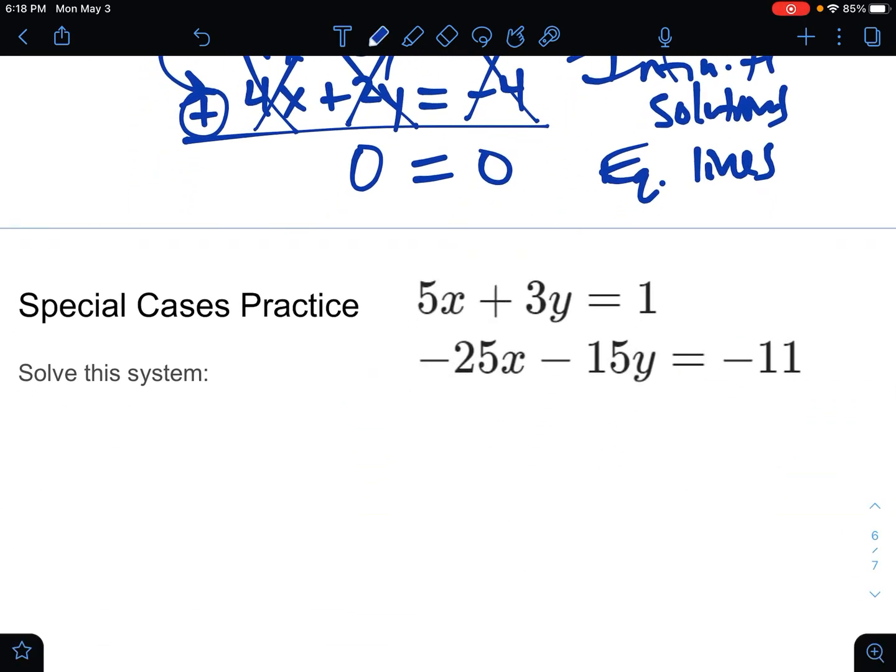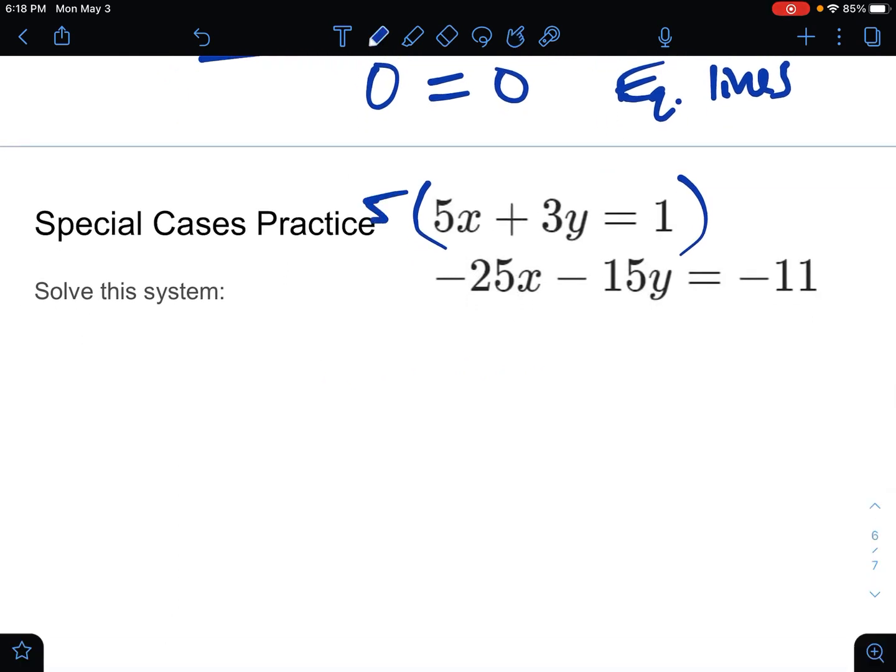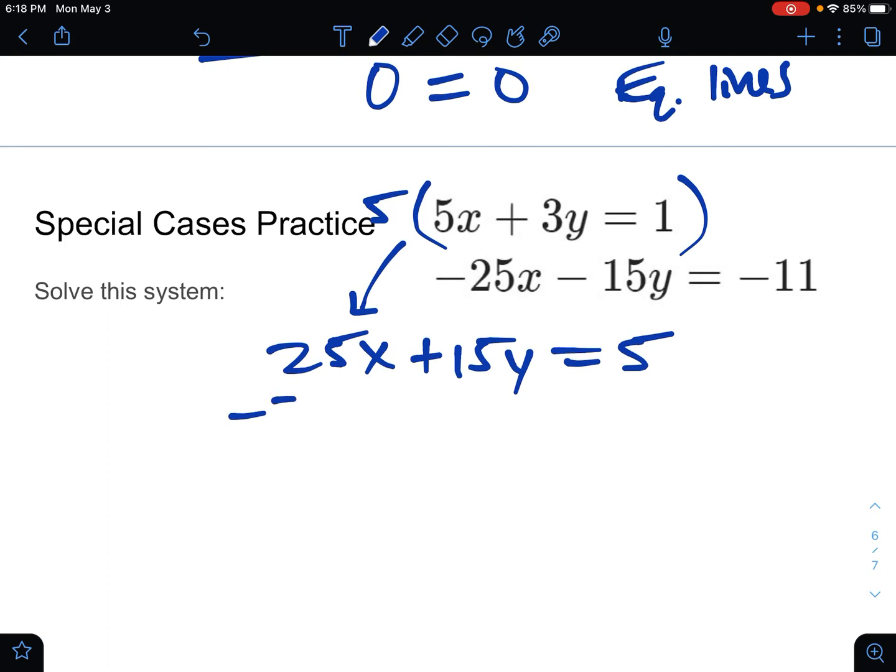For the next one here, let's give this a shot. They're already lined up pretty well for elimination. I'm just going to do times 5 to the top one in order to make some opposites here. So I'm going to do times 5 and write it down here. So 25x plus 15y equals 5. And then negative 25x minus 15y equals negative 11.